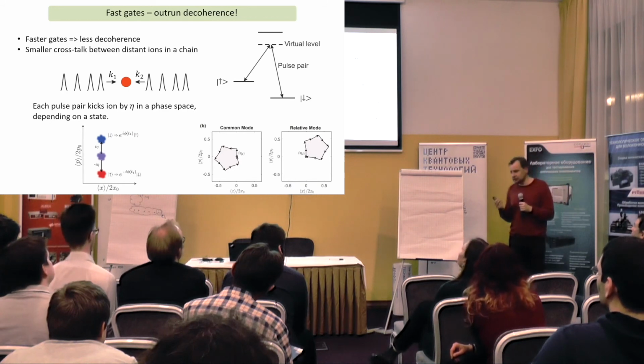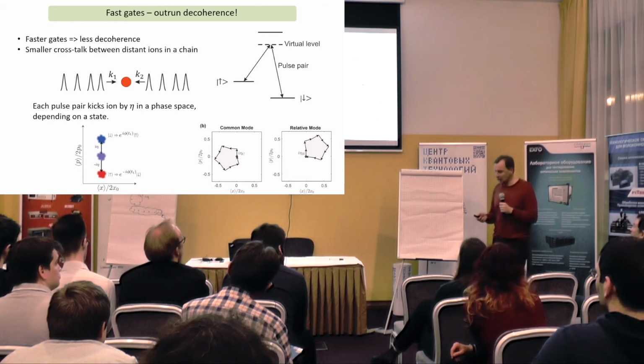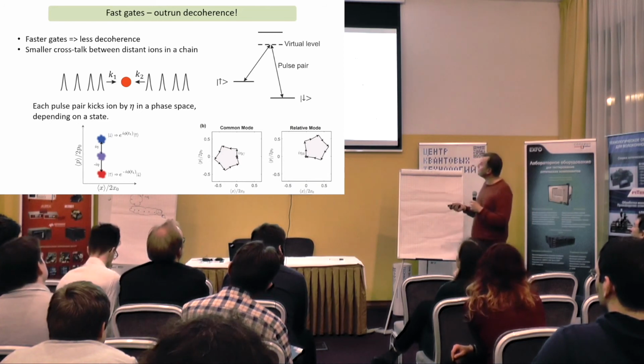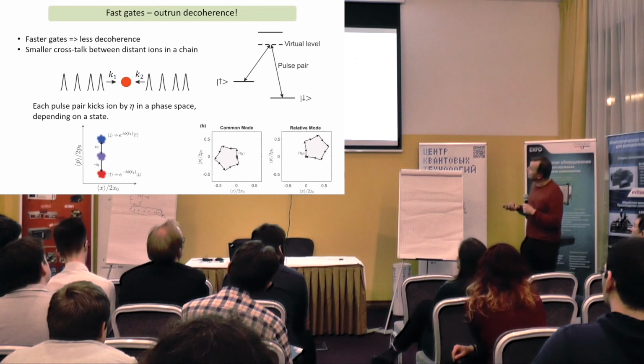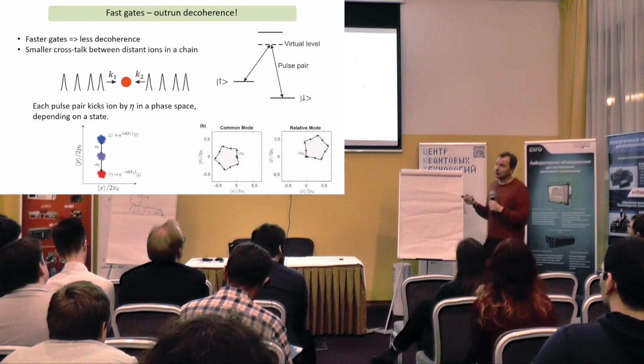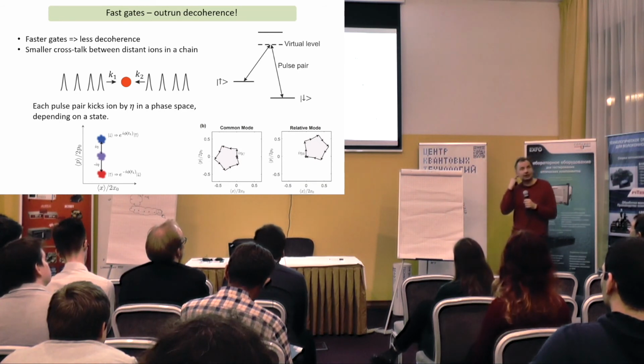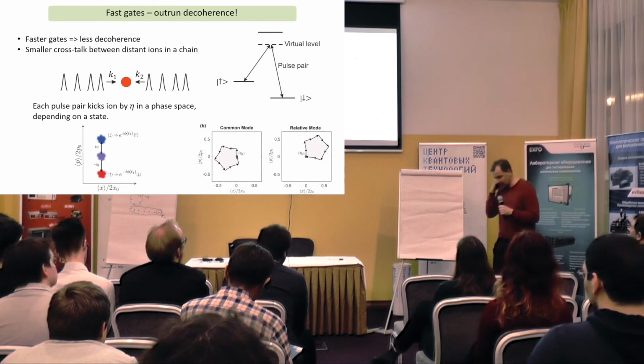So the faster you do the gate, the less you think about all these decoherence issues. And of course, the idea is to work as fast as possible, approaching, in the case of ions, the microsecond scale.